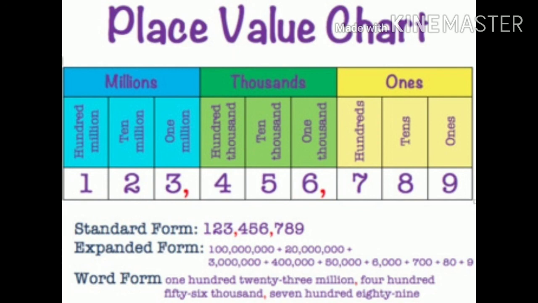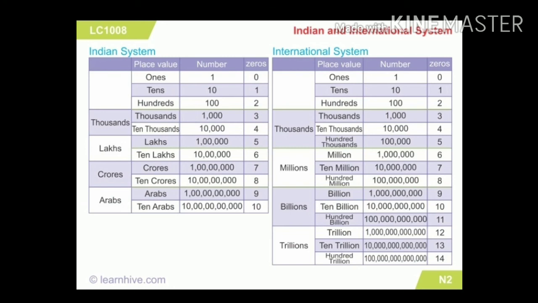The given number shows the writing of a numeral in standard form, and it is read in the international numerical system as 123,456,789. This image shows the place values of the Indian system and international system with their periods.